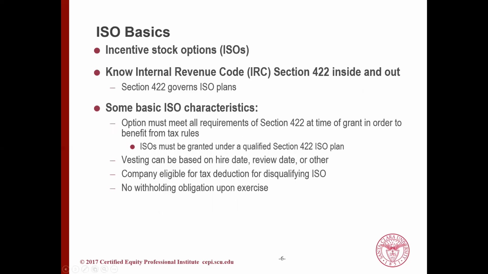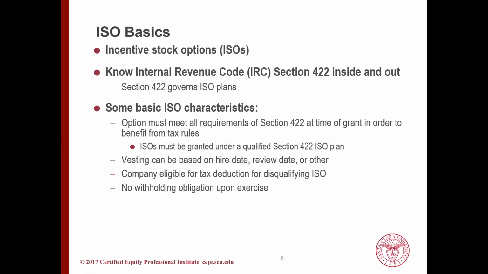Taking a look at incentive stock options, or ISOs, we need to be familiar with Code Section 422 because that is what governs them. In order to enjoy the favorable tax rules applicable to ISOs, they must comply with all the requirements of Internal Revenue Code IRC Section 422.